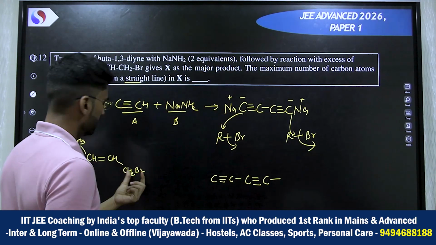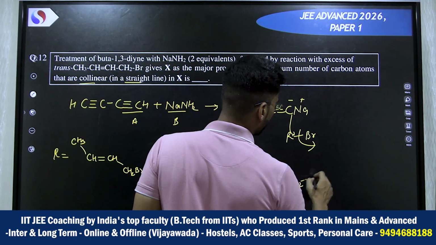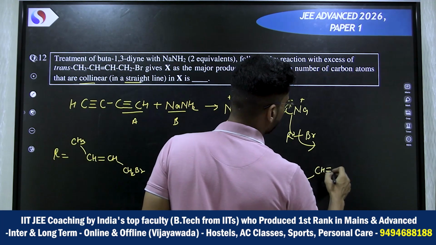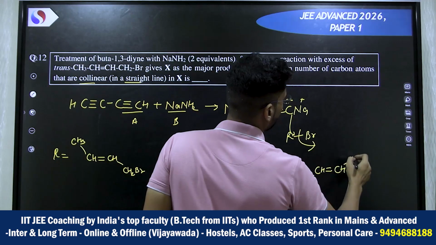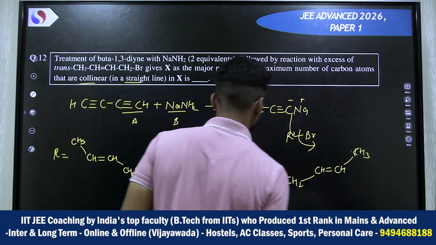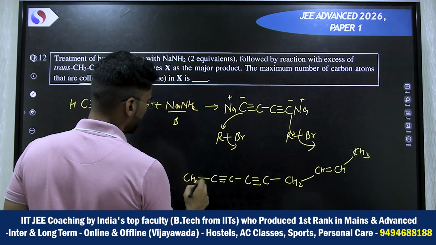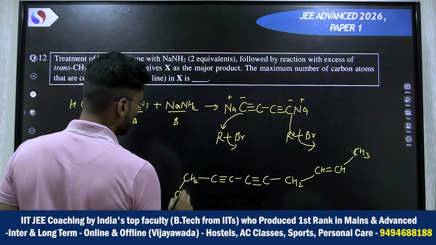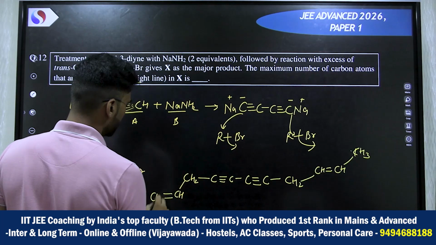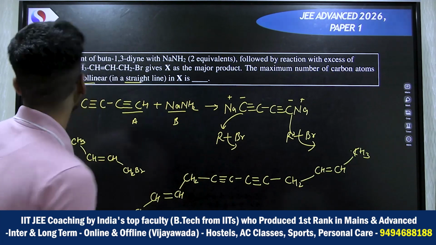So here CH2, this is CH double bond CH, here this is CH3 because it is trans. Again on this side also this is CH2, this is CH double bond CH, this is CH2 because it is trans. Okay, then count.